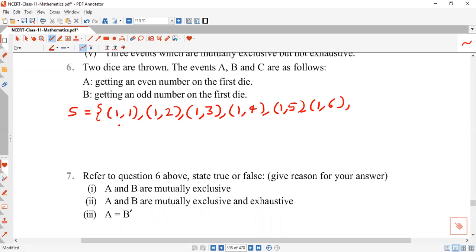Then on the next row we get 2, 1, 2, 2, 2, 3.